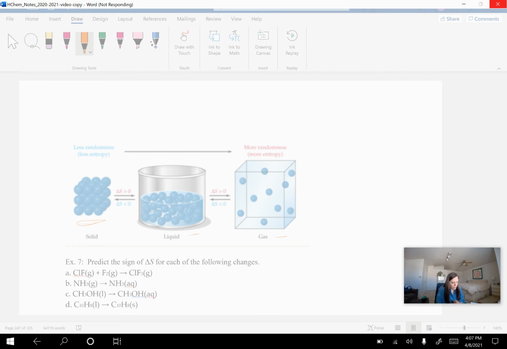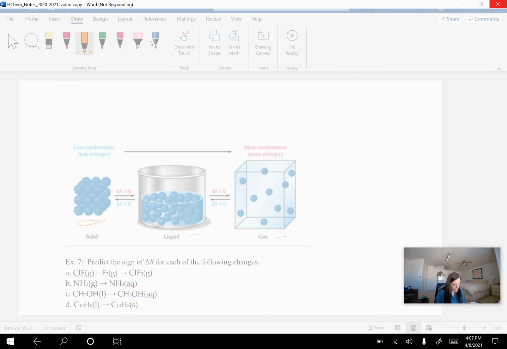Okay? So let's look at some of the following things here and see which of these things has more entropy or less, and let's see whether that entropy is increasing or decreasing in these systems. Okay?